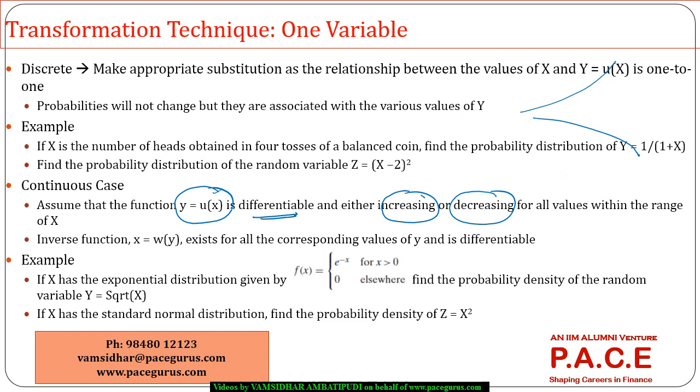And it also assumes that the inverse function, which is x equal to w of y, will exist for all the corresponding values of y, and it is differentiable. So these are some of the important aspects if you have to use the transformation technique for finding the probability distribution function associated with a continuous variable.